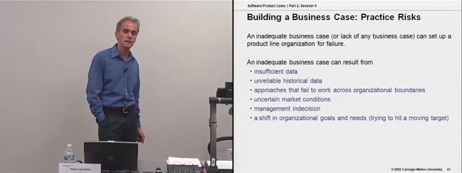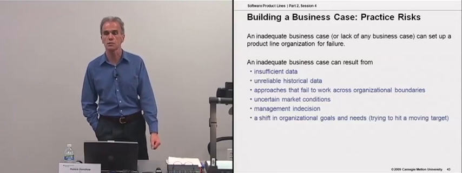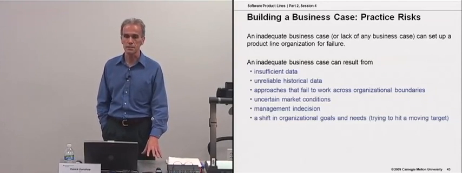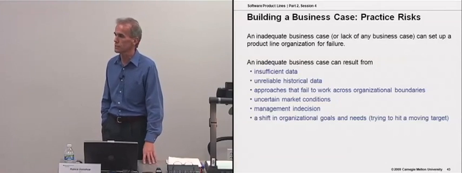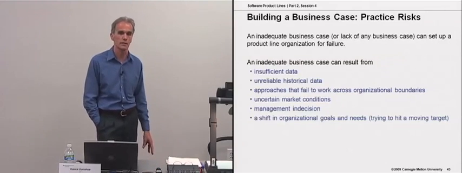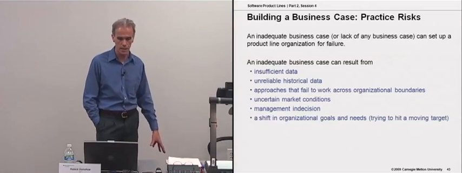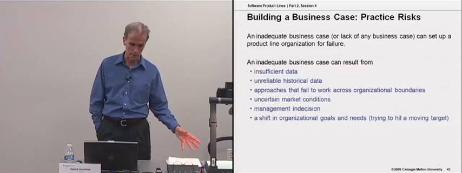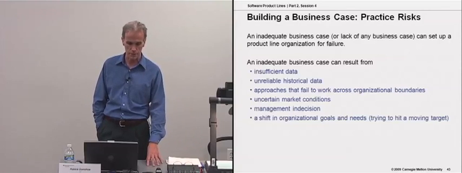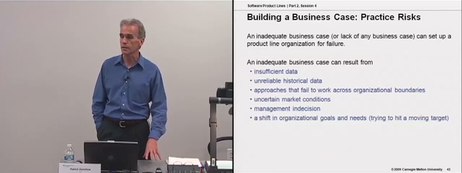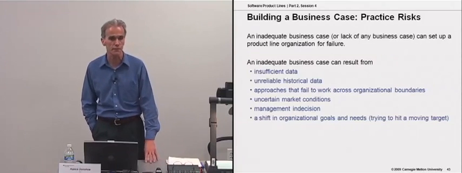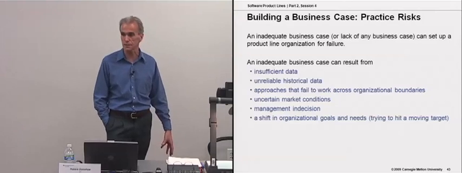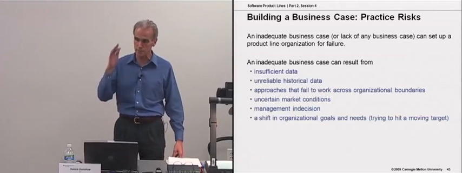And finally, there's a shift in organizational goals that you didn't see coming, and this again gets back to why your product line champion should be at the right level of the organization. We've had some examples of this, not necessarily in a product line context, but in organizations that we know of, like IBM selling off its laptop division to Lenovo, and Siemens selling off its entire telecoms unit.